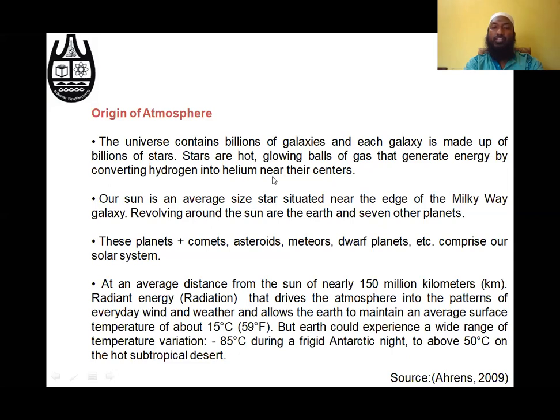Why is it important to the atmosphere? Because each of the planets has an atmosphere, but not the same amount of gases, and not the same types of gases. So the gases can be different, the amount can be different, and the percentage of different gases will be different.